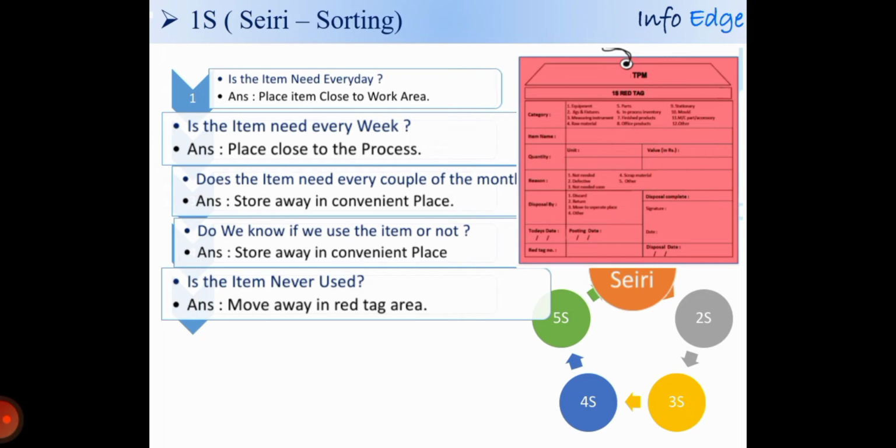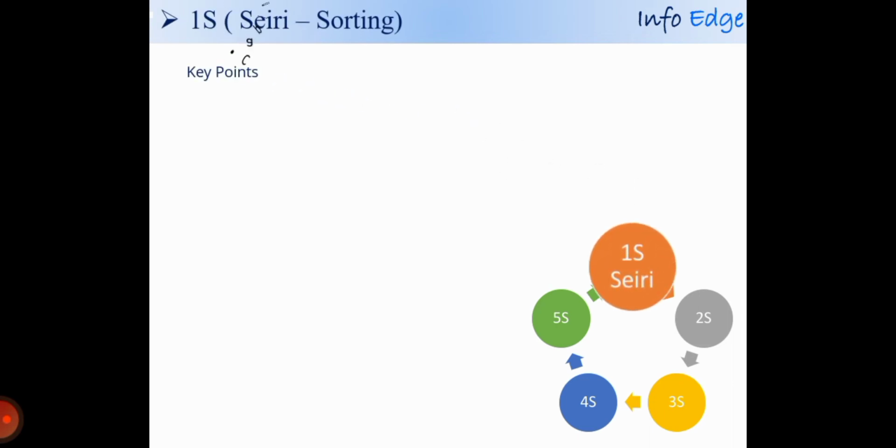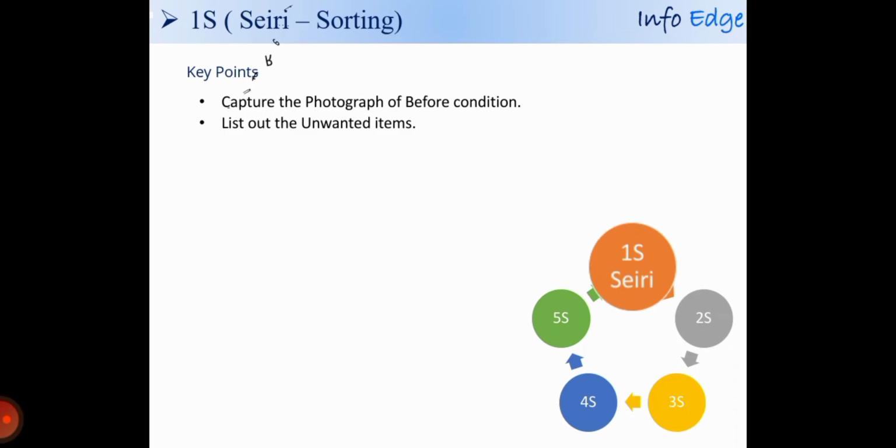After that the respective committee head or committee will decide whether the item can be used somewhere or we can scrap it. That decision will be taken by the respective committees. This is the method that can be used to identify the unwanted items.